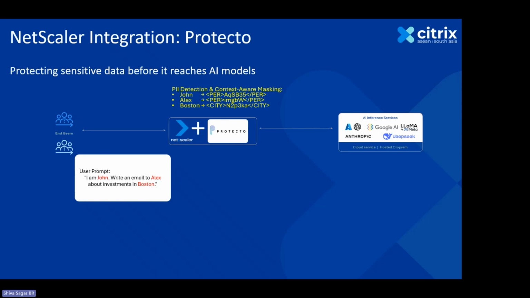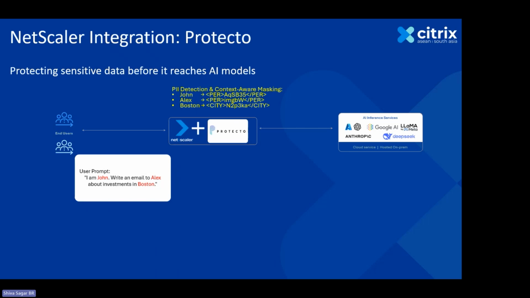Instead of removing the data completely, let's say the names, it changes or modifies it, right? So that it preserves the overall context. It detects the entities and replaces them with meaningful placeholders, so the overall intent of the prompt and the structure is still in place.